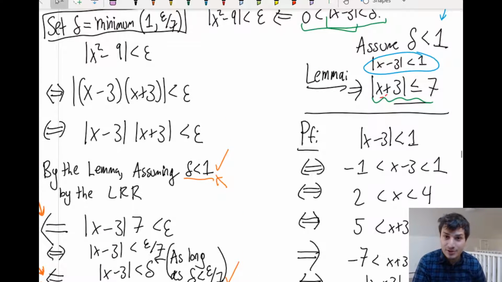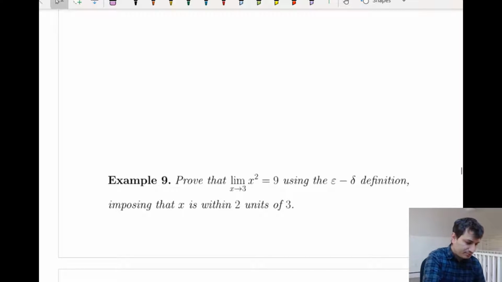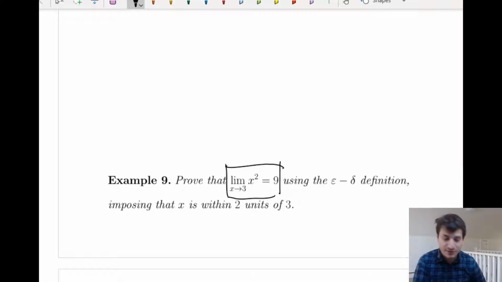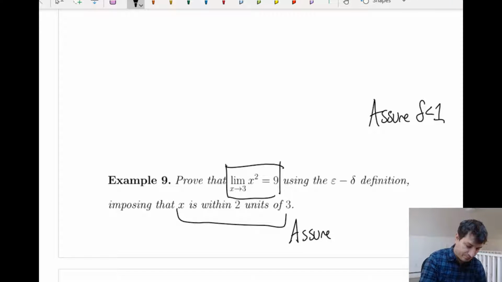And if you understood this example, you should absolutely try example 9, because example 9 is the exact same proof, but instead of assuming delta is less than 1, what we would like you to do is assume that x is within 2 units of 3. That's the same as assuming x minus 3 is less than 2, which happens when delta is less than 2.